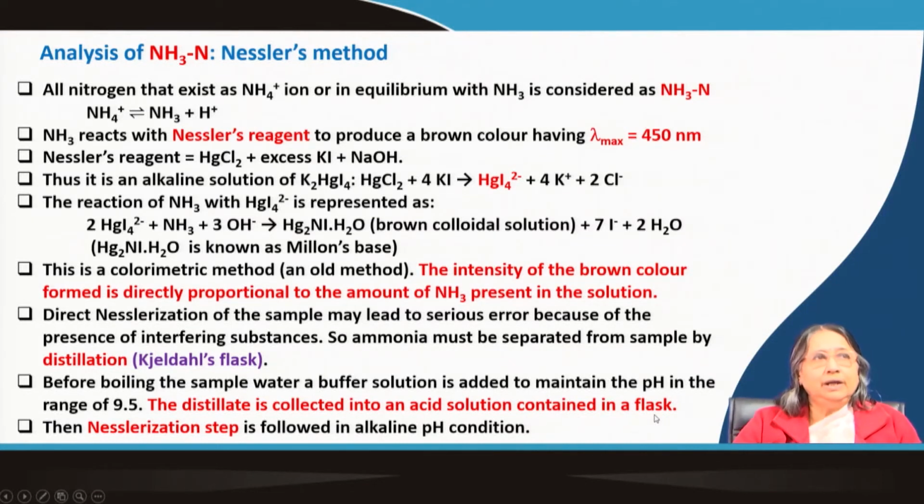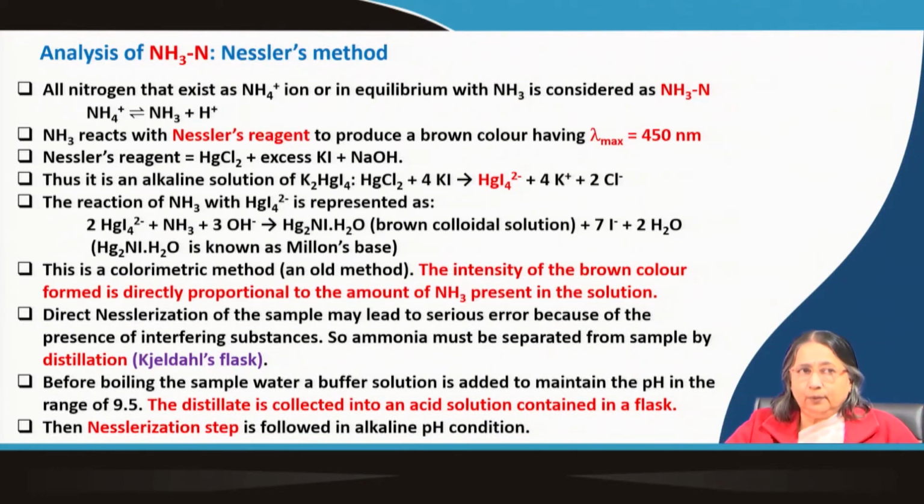After this, whatever interfering ions were there in your sample, they are not coming with the distillate, meaning coming with the ammonia vapor. They remain in the flask from where you are distilling. So, interfering ions are not present with ammonia.